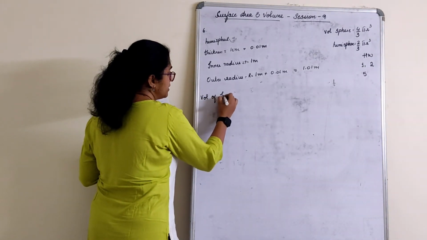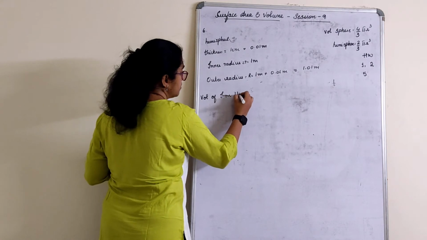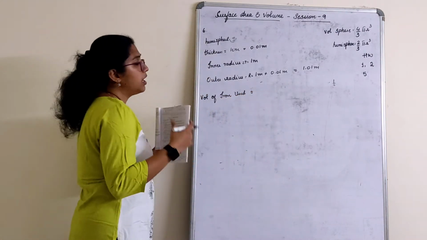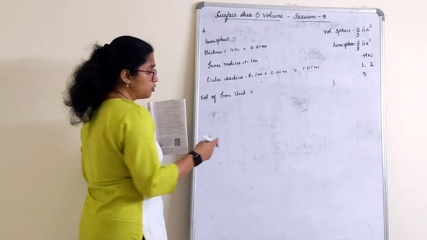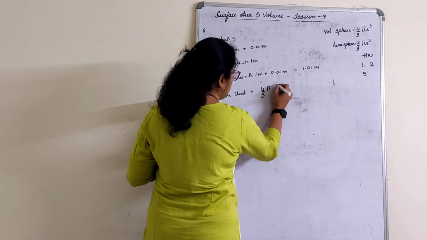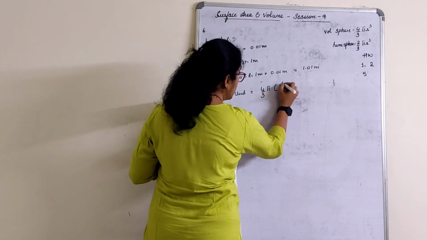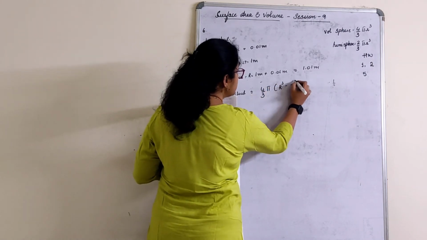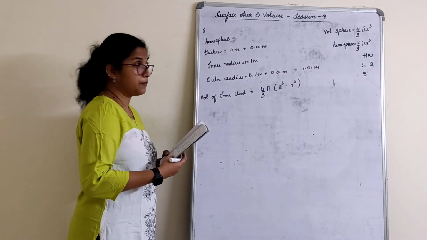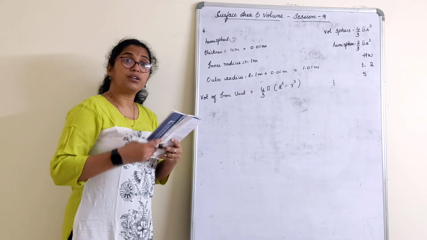Volume of the iron used is equal to volume of outer part minus inner part you have to do. So just we can write this as 4 by 3 pi, R cube minus r cube. That should be taken common, because total volume what is required?